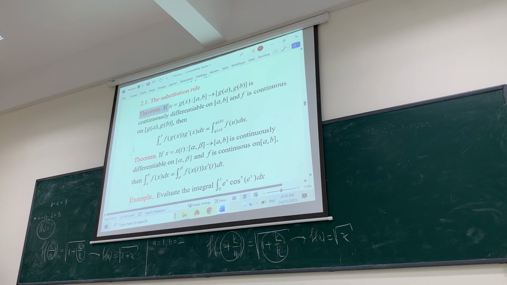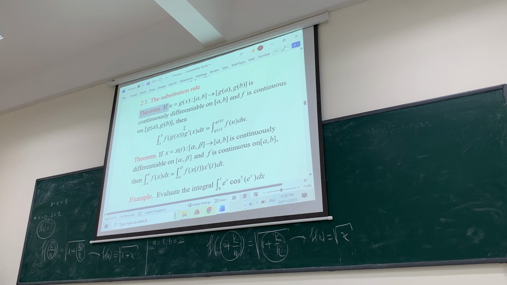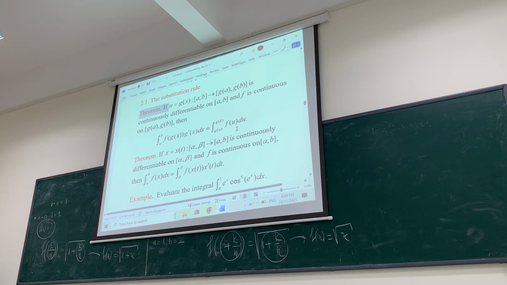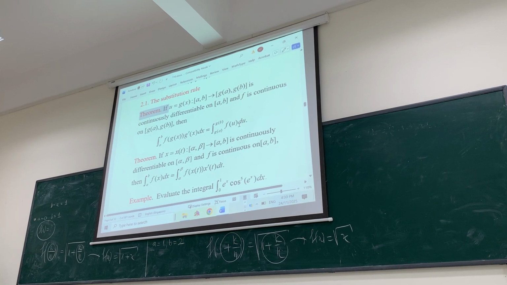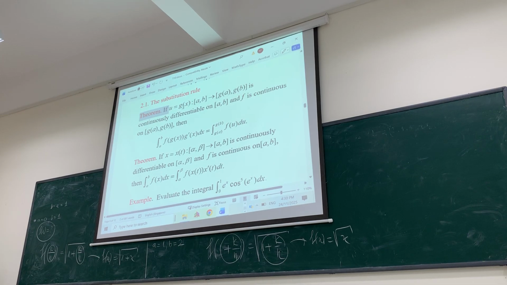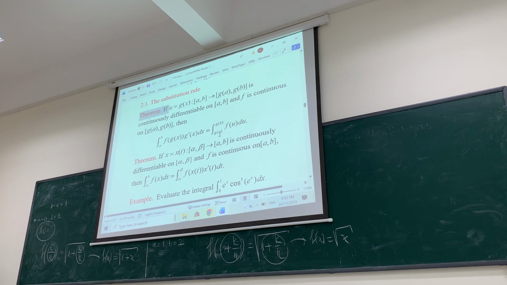We can express the definite integral with respect to x by a definite integral with respect to u. Here x varies from a to b, and the new variable u varies from u(a) to u(b).